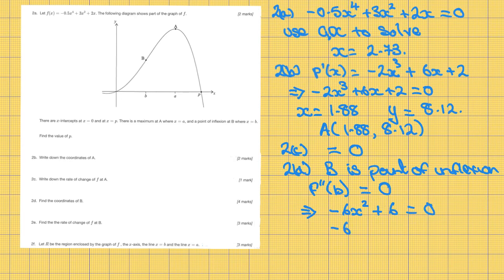So minus 6x squared is equal to minus 6. So x squared is equal to 1. So x is equal to 1 or minus 1. But in our case, it must be x equals 1. And if you substitute x is 1 into f of x, you get y is equal to 4.5.